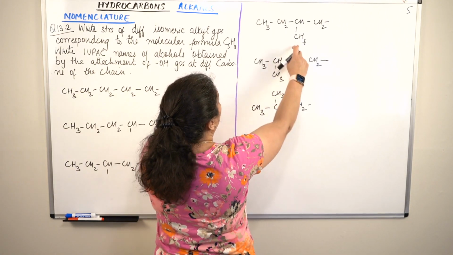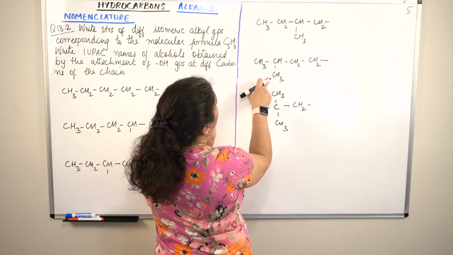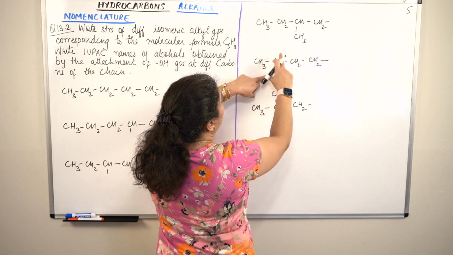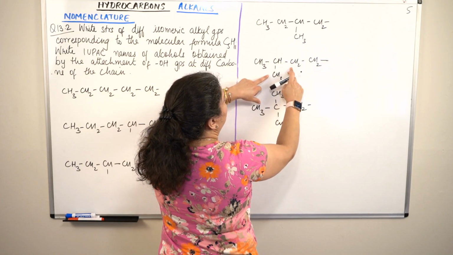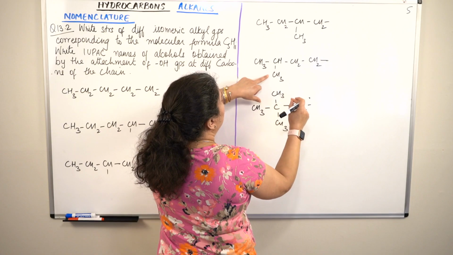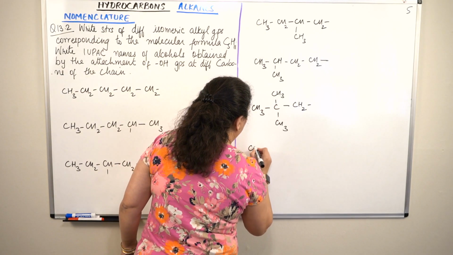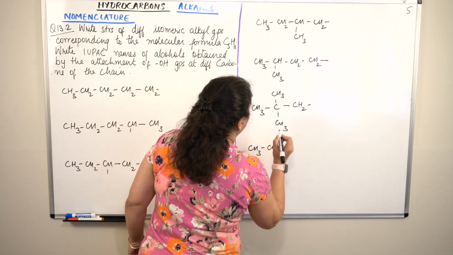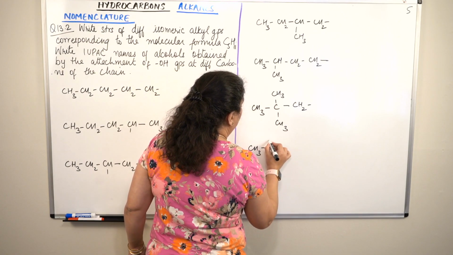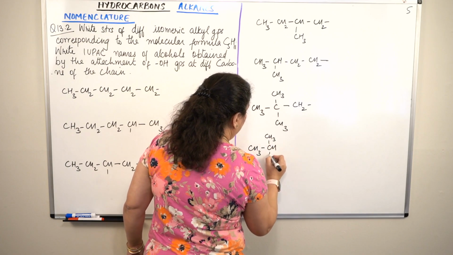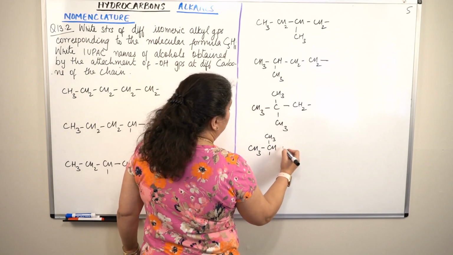How can I do it? For these two, I can either have this OH here or I could have the OH on the same carbon. Let's do that. CH3, CH, the CH3 I'm writing up here, and the OH dangling end here.